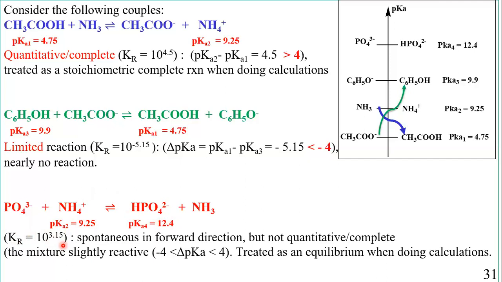Therefore, what do I have to do to get calculations of each of the species at equilibrium? I have to do an actual equilibrium calculation and get what X is and solve it. Remember, when the change in pKa is between -4 and 4, that means I have to do an equilibrium reaction, okay? That's when I have to do an equilibrium to do any type of calculation.